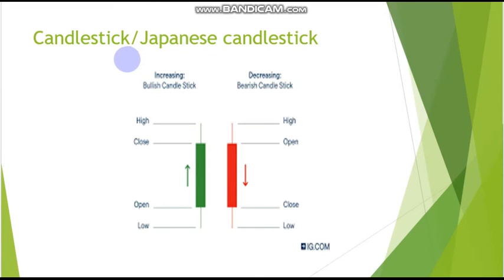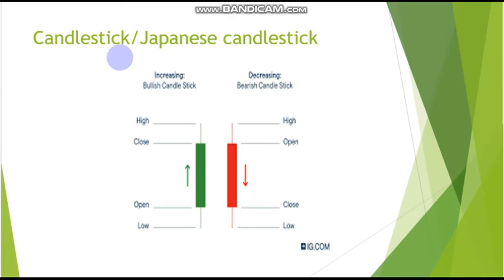From the name, the Japanese candlestick was discovered or invented by a Japanese man. He brought this idea to help us understand the market. At first, they used line charts or bar charts to demonstrate the price. He discovered that many traders were losing money because they could not have a better idea of the price.